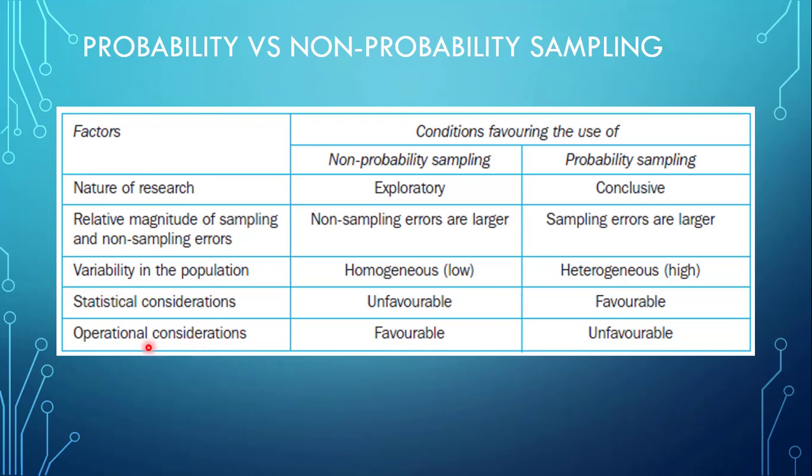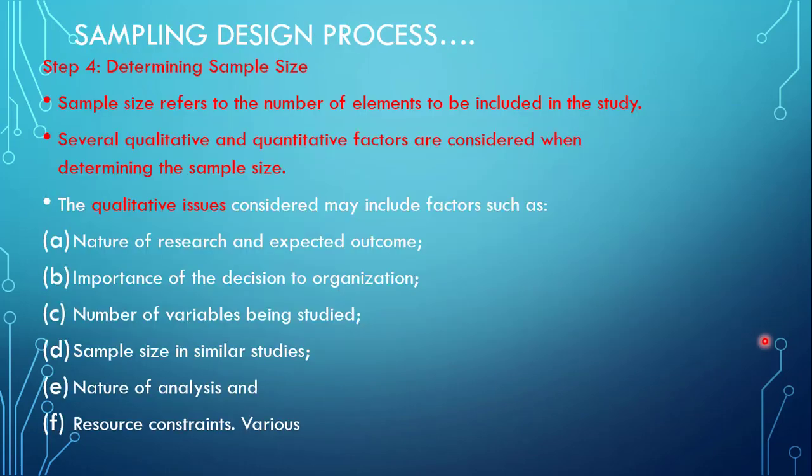Operational consideration: if the operation is favorable, if you can gauge enough sample, then you are going to use non-probability sampling. But if the population is distributed accordingly, then you are going to use probability sampling. So these are the factors that you need to consider in choosing between non-probability sampling and probability sampling.